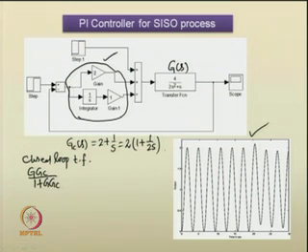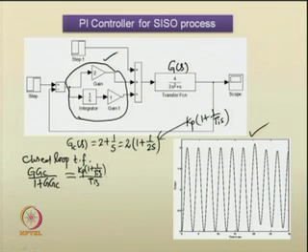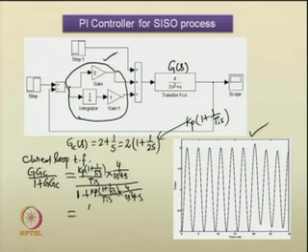For analysis, let me assume the dynamics of the controller GC to be in the standard PI control form Kp times (1 plus 1 upon TI s). Then the closed loop transfer function becomes Kp (1 plus 1 upon TI s) times 4 upon (2 s square plus s) divided by 1 plus Kp (1 plus 1 upon TI s) times 4 upon (2 s square plus s).